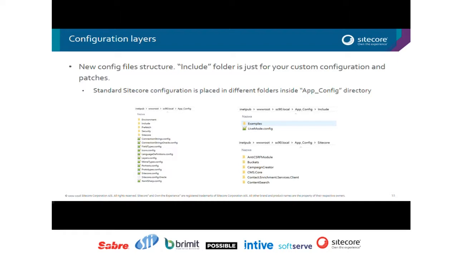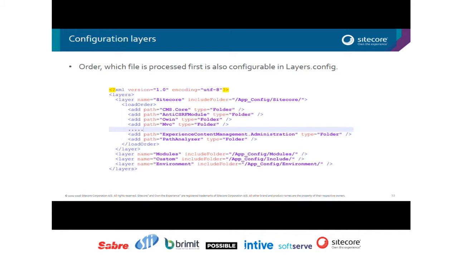And where are the default Sitecore configuration files? They are in the App_Config/Sitecore directory. So basically, there is a clear separation between your config patches and the Sitecore configuration. There is also a new config file which informs Sitecore in which order those configurations should be loaded.